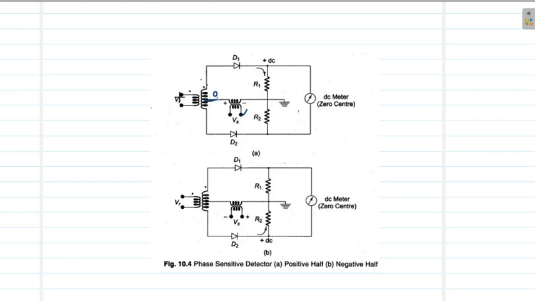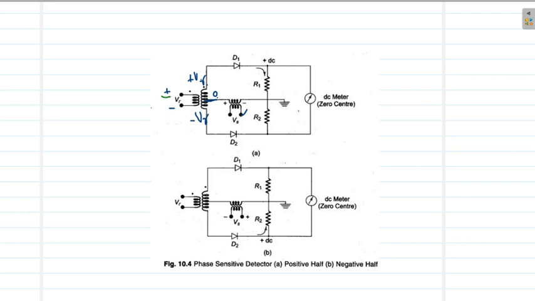If we feed in a VR voltage here, a plus VR voltage will be developed in the upper half of the secondary coil during the positive half cycle, and a minus VR voltage will be developed in the lower half.